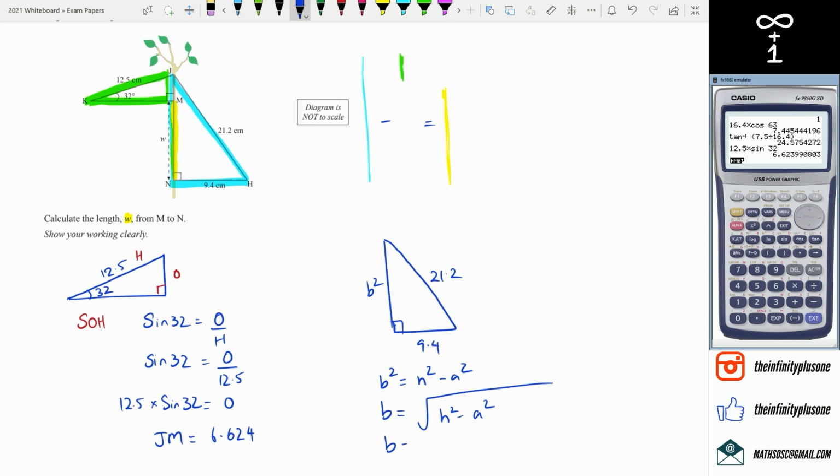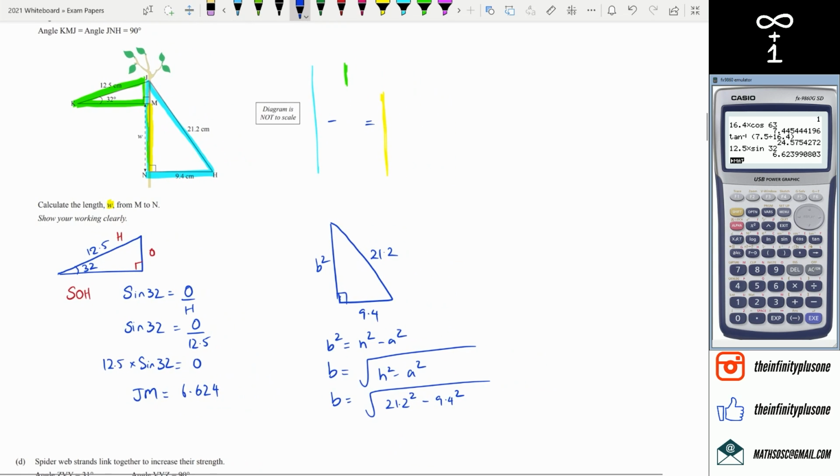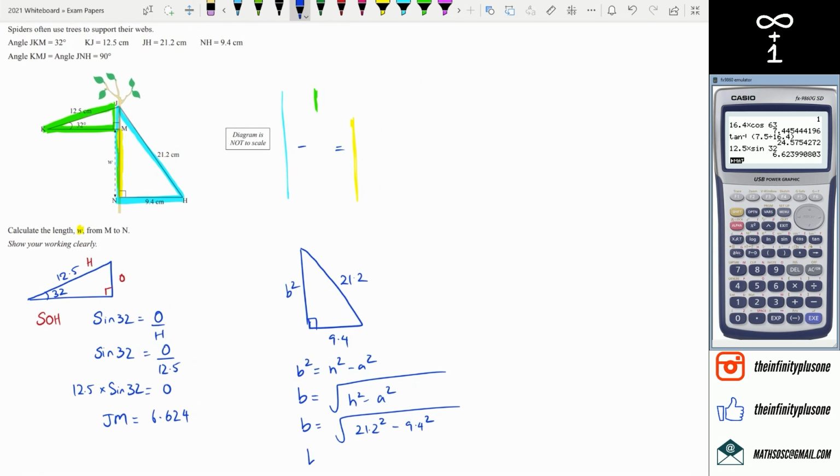Now you guys might be using something else, and that's absolutely fine, as long as you get the same numbers, then you're more than fine there. So b is equal to the square root of that. I'm going to work that in the calculator. So square root of 21.2 squared minus 9.4 squared, and that gives me 19.002.